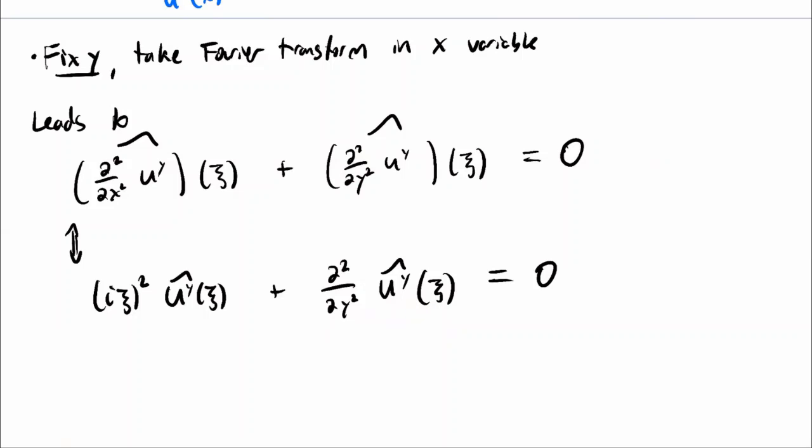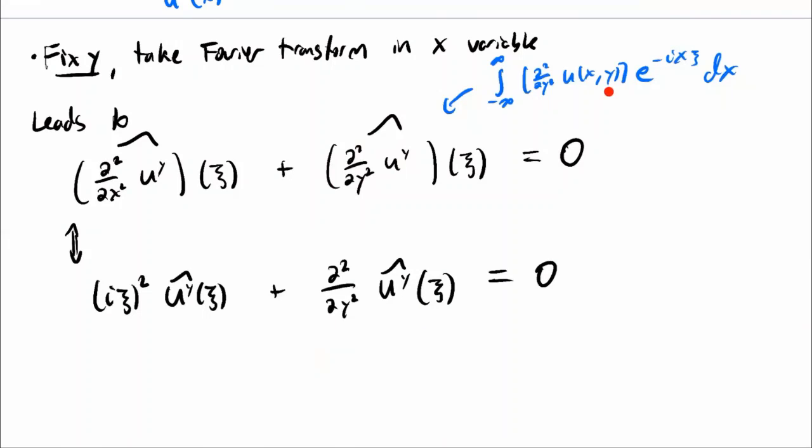Let me just carefully write out the details so you can check that, right? So this is equal to, by definition, the integral from minus infinity to infinity of the second derivative with respect to y of u(x,y) times e to the minus iξx dx, right?